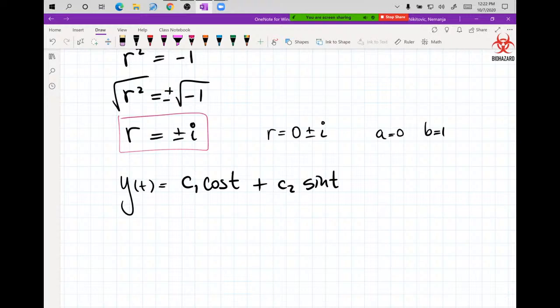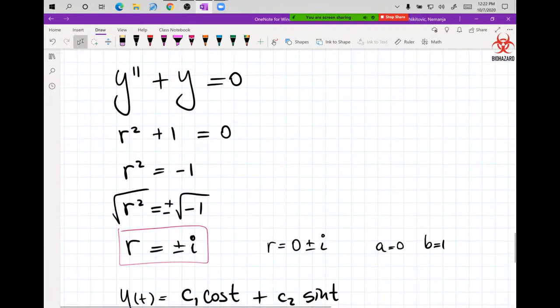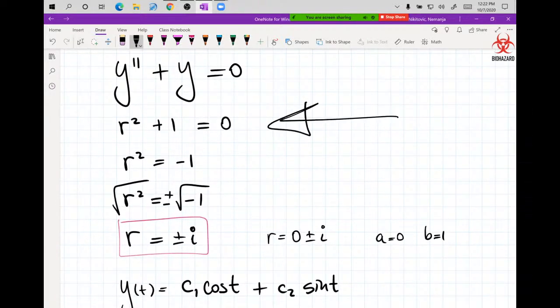So all you need to do again is write the characteristic equation and factor it any way you can to get your complex numbers. And if you don't know factoring, well, you can always use the quadratic formula.